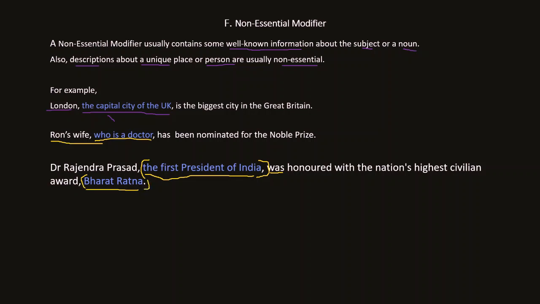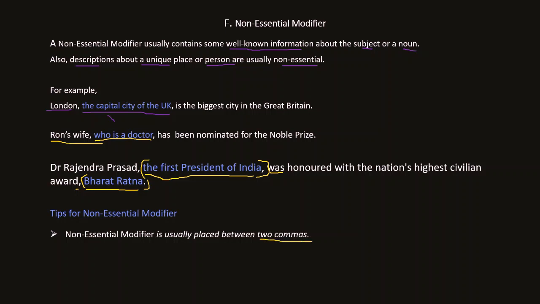Please look at the tips for non-essential modifier. 1. Non-essential modifier is usually placed between two commas. 2. A non-essential modifier describes a unique noun, in the sense that there is only one such noun. 3.